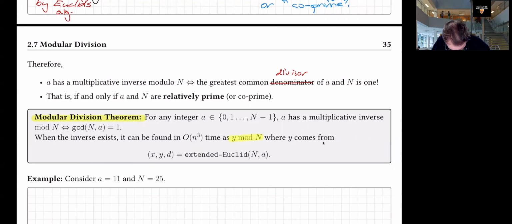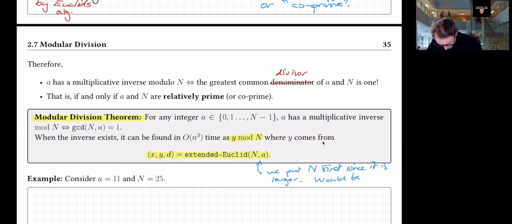I'll just write here, we put n first since it is larger.